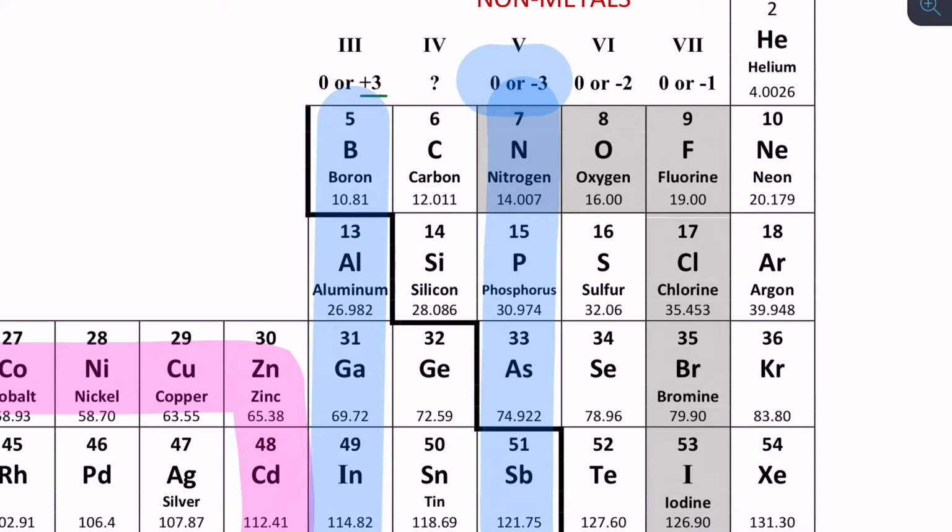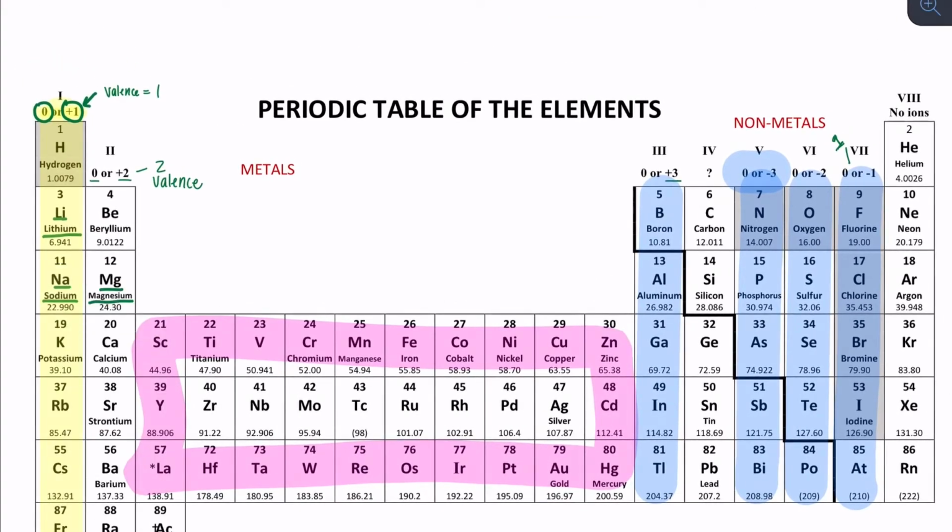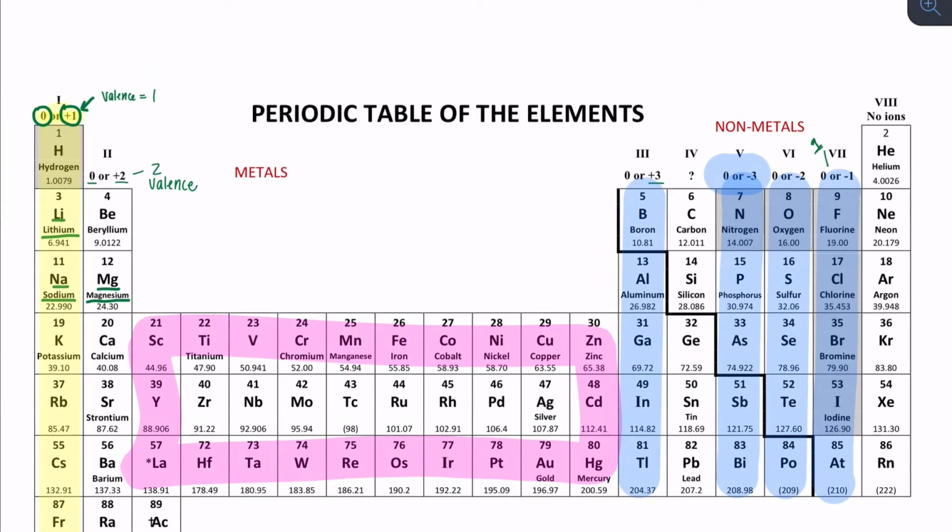And same for the next column over, 0 or -2, the valence is still 2. These ones can make 2 bonds. These ones need to make 3 bonds. And this column here, where the charge is 0 or -1, the valence is still 1, meaning it can make 1 bond. So the charges on the periodic table follow a trend, and they determine the valence of the elements that are underneath it in the column.